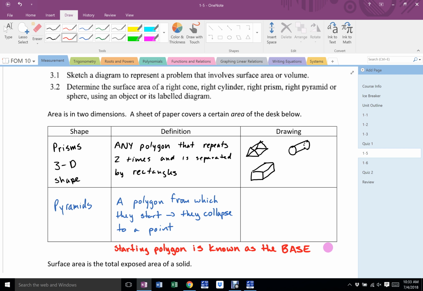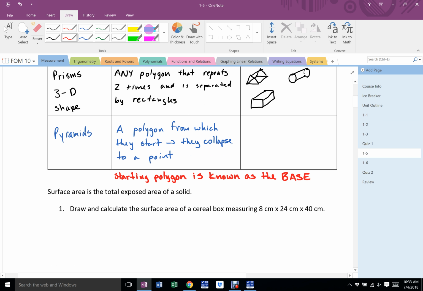If I stand on my hands, the base of my height would all of a sudden become my hands, wouldn't it? Because they're on the ground. If I lie down, the base all of a sudden becomes my butt. But that's not how we would measure my height, because height goes from base to the top, correct? So it's a real problem because a great many of you get locked into those formulas and the words like base times height. And you think the base has to be on the bottom. But it doesn't. The base means the starting shape. All right?